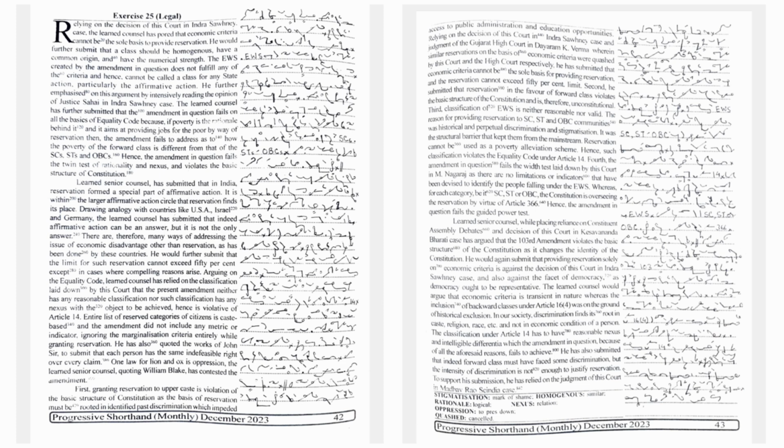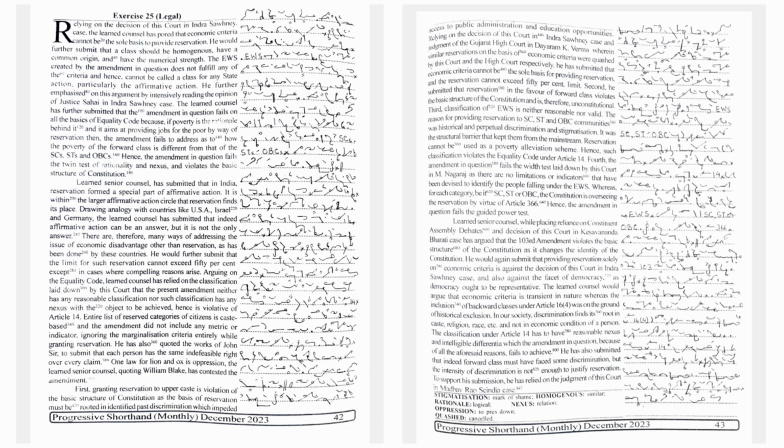The entire list of reserved categories of citizens is caste based, and the amendment did not include any metric or indicator, ignoring the marginalization criteria entirely while granting reservation.